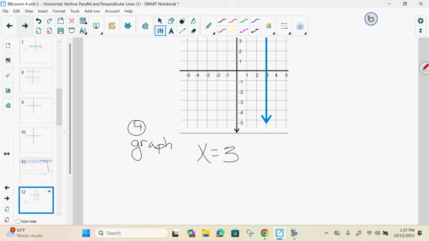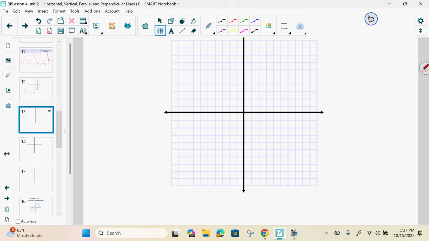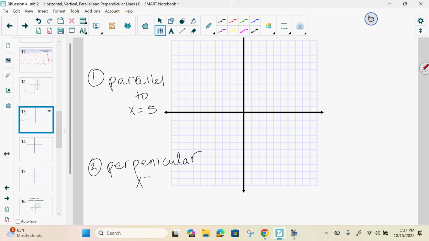Caleb, that's good? All right, let's do parallel and perpendicular on these, and then let's do parallel and perpendicular on some ones that aren't horizontal and vertical. All right, so give me an equation of a line that's parallel to x equals 5, and then give me an equation of a line that's perpendicular to x equals 5.